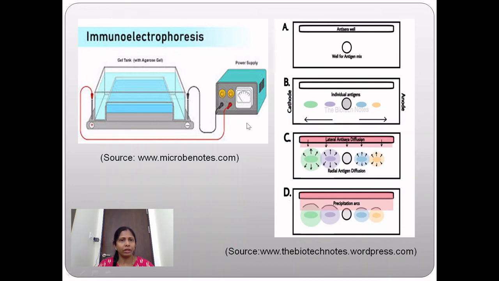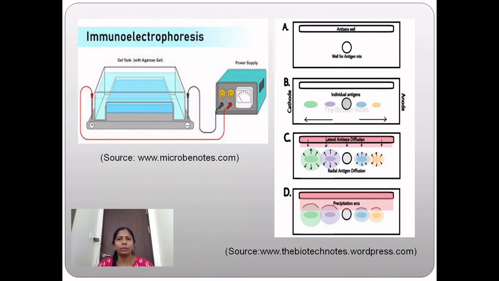When the electric field is applied, the antigen mixture or the protein sample that is loaded in the well undergoes separation, and the different components or antigens in that mixture are separated by traveling towards the cathode and the anode according to their charge and mass.